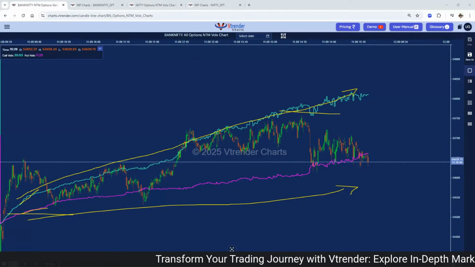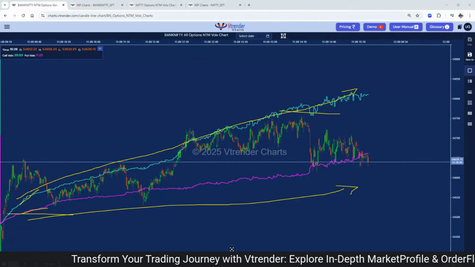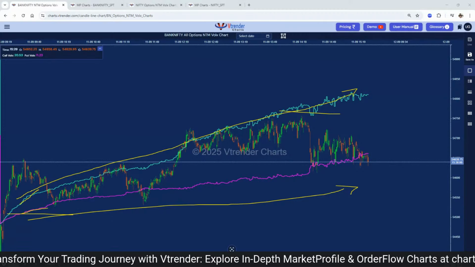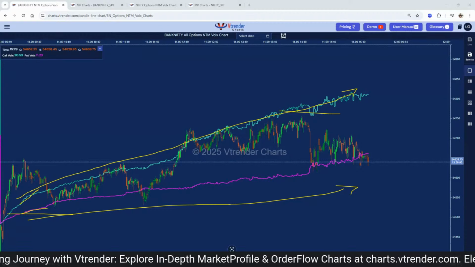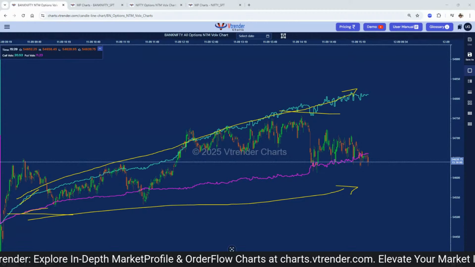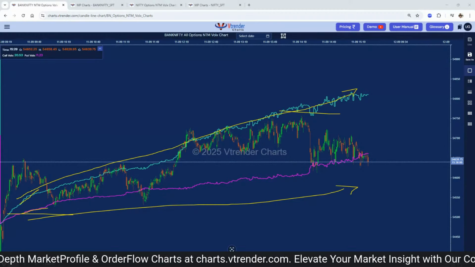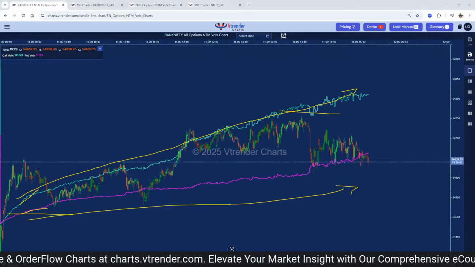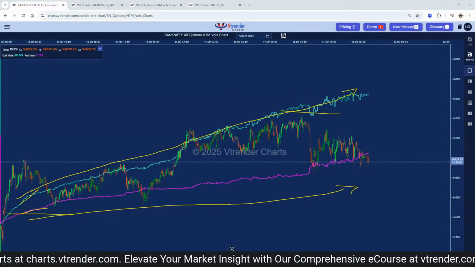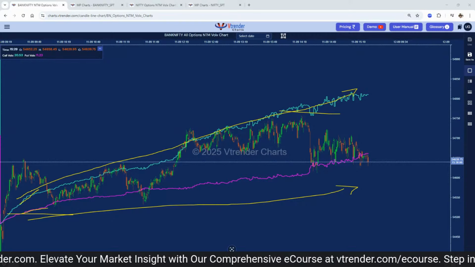And vice versa, when the purple gets above the blue, supply is dominant, so the price is likely to fall. And if both lines are in sync, that is when you know the market is in balance, where the writers will rule and the decay of premium will happen.